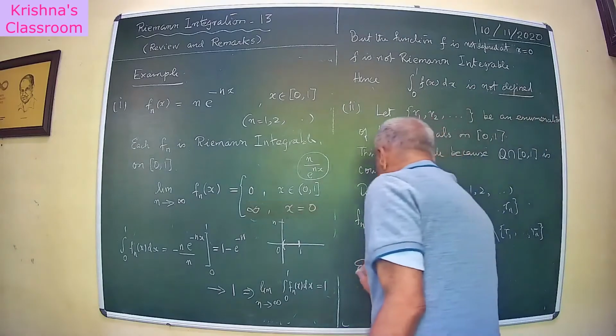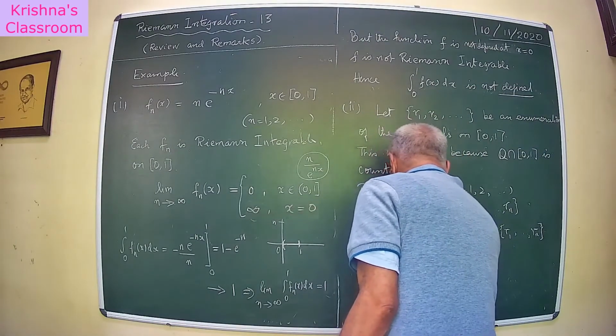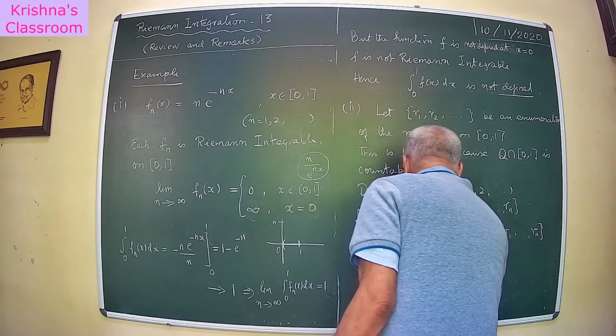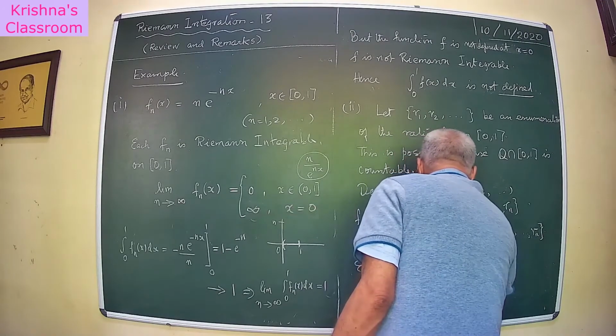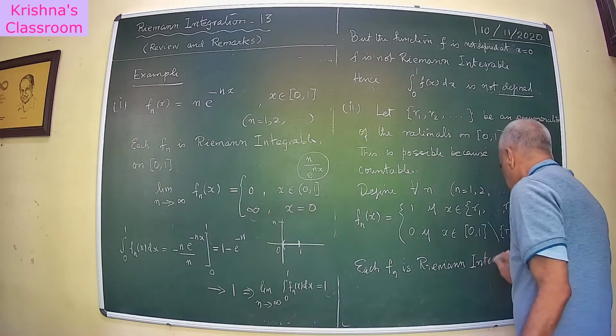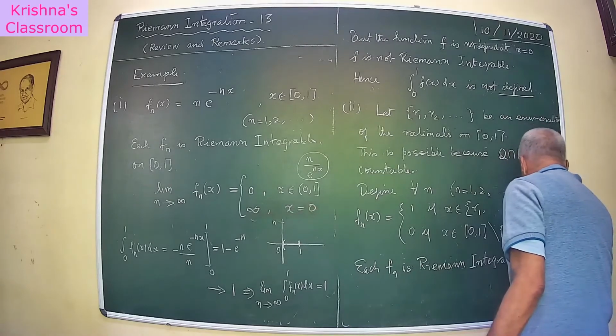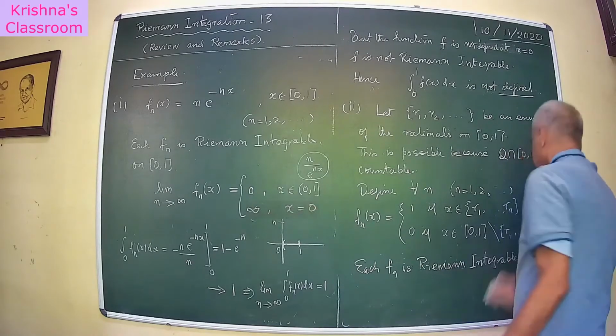So each fn is Riemann integrable on Q intersect [0, 1].